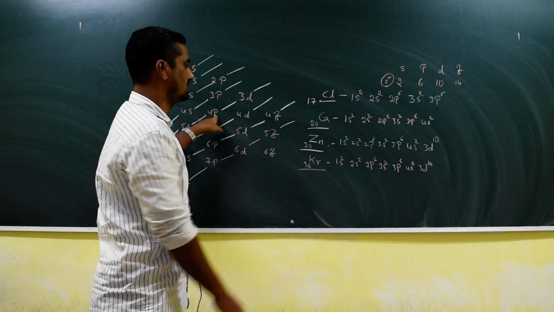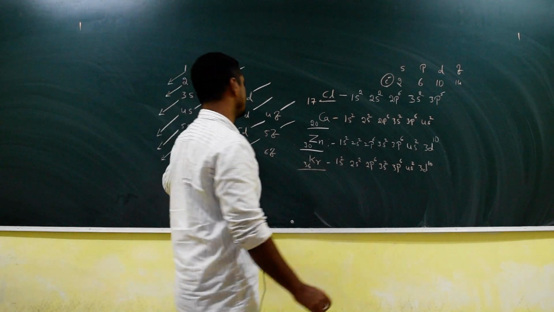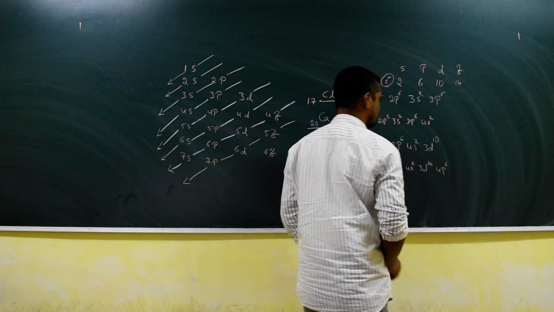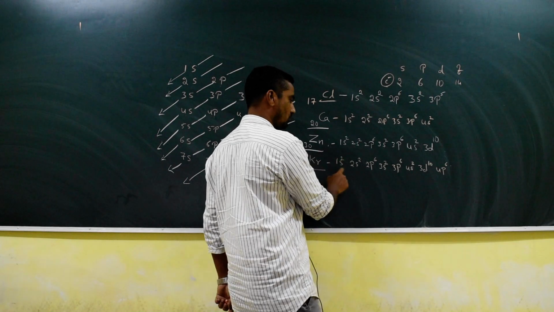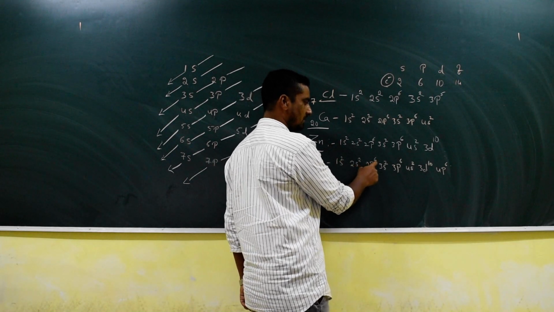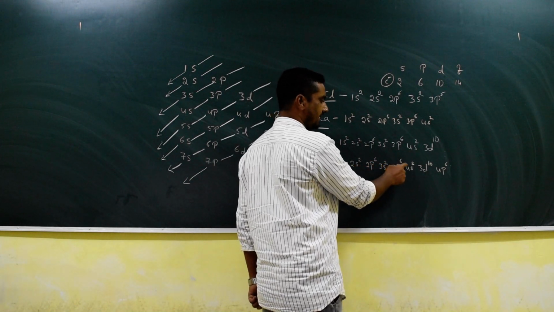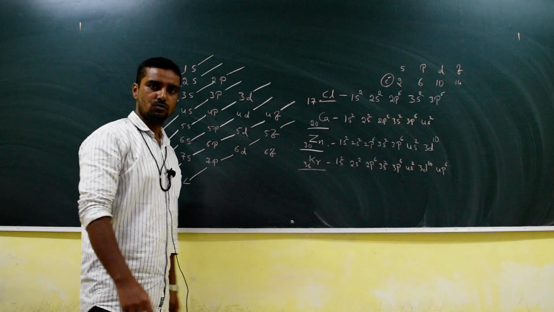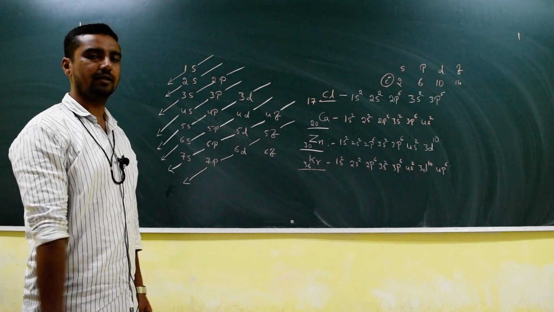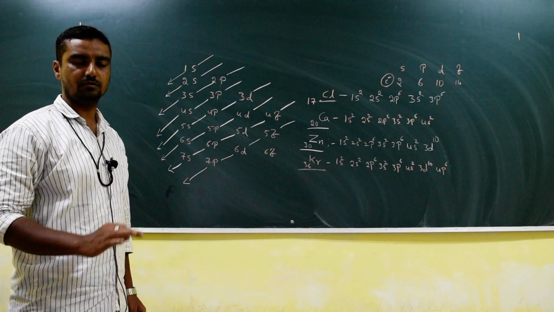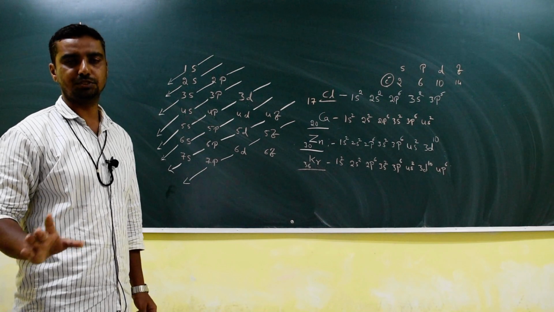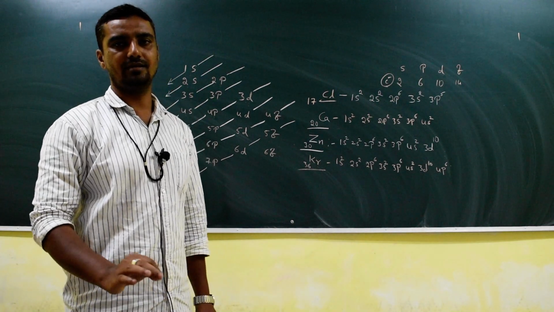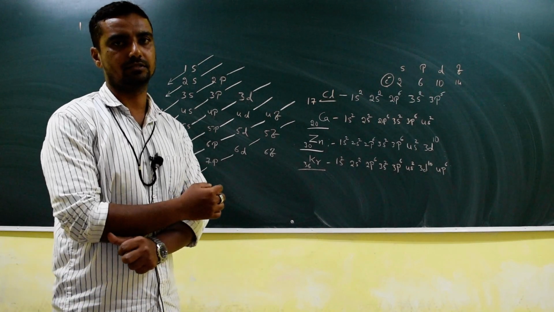Still we require 6 more electrons, so 4p has to be filled. After 3d we go for the 4p6 electrons. So 2 plus 2 is 4, 4 plus 6 is 10, 10 plus 2 is 12, 12 plus 6 is 18, 18 plus 2 is 20, 30, 36, right? So this is the method. Whatever the element may be, you should know only the atomic number, and by using this we can easily write the electronic configuration.